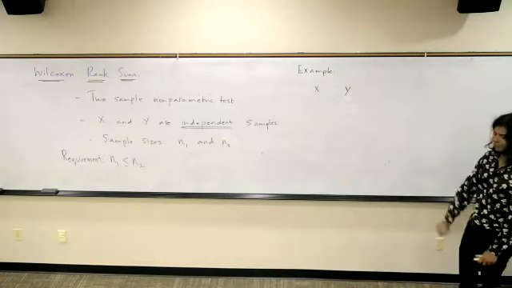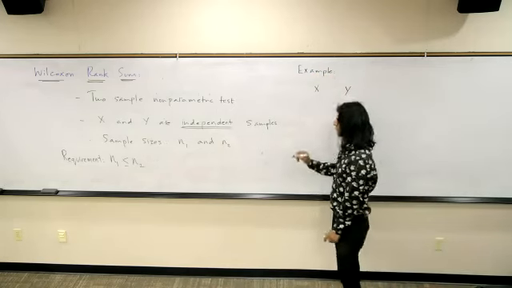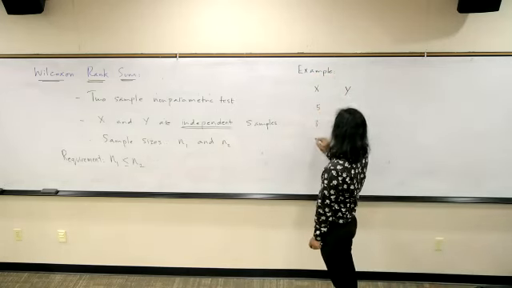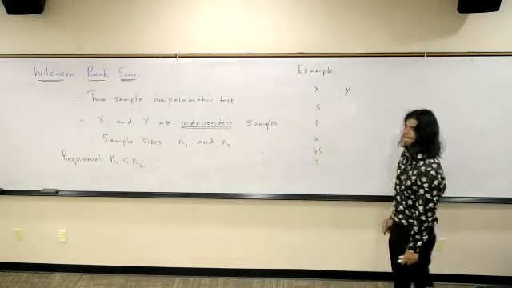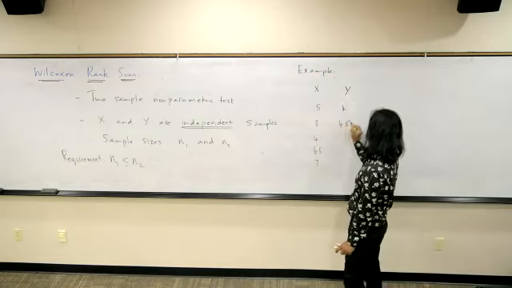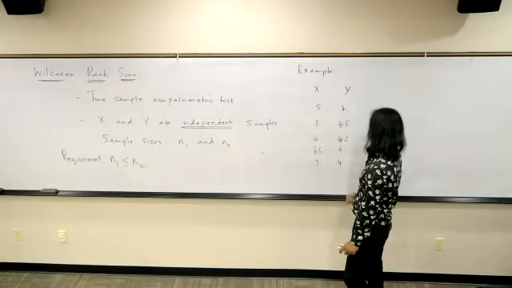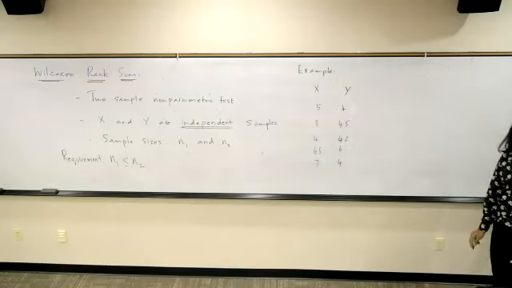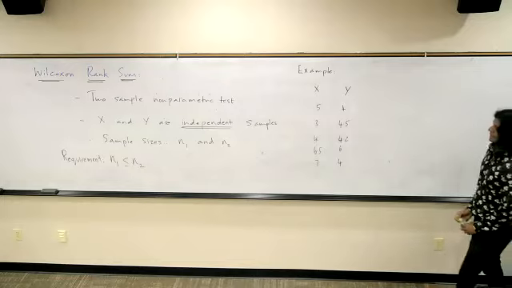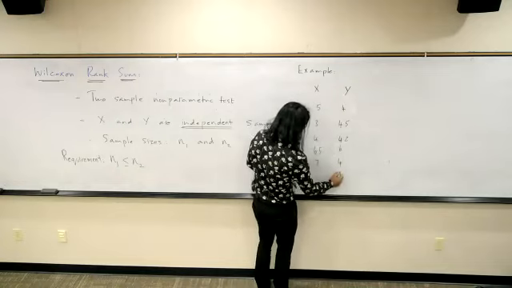Again, I usually would not start this way, but this is an entire class. So let's say I have two samples, 5, 4, 6.5, 7, 4.5, 4.26.